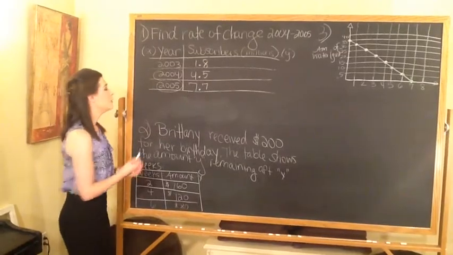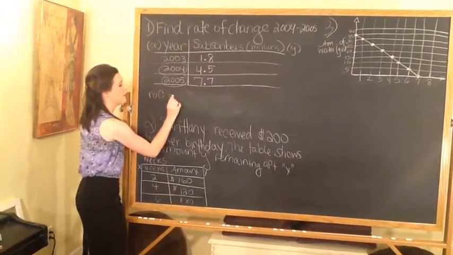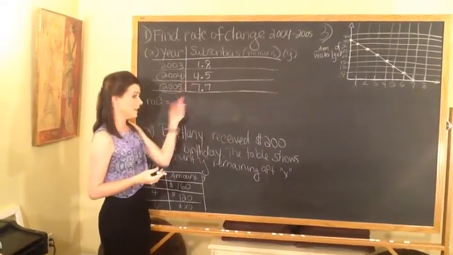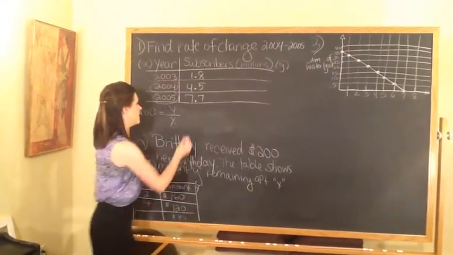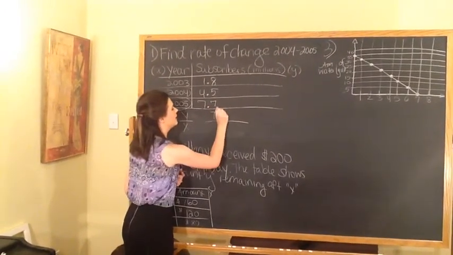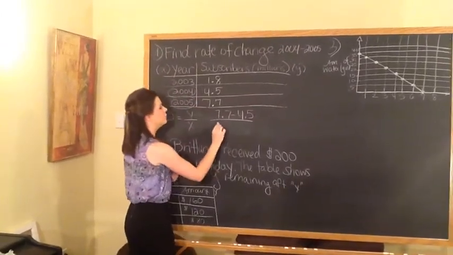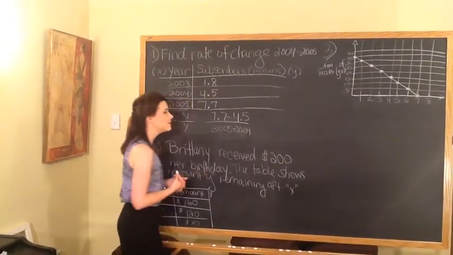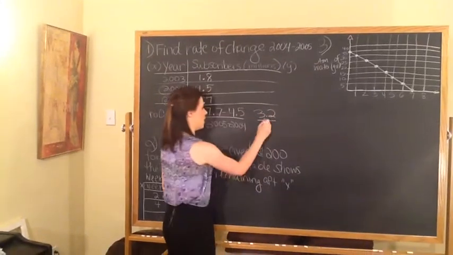The rate of change is the change in y over the change in x, so we find the difference between the two by subtracting them. We look at our y values first: 7.7 minus 4.5 million, over 2005 minus 2004. Once we subtract, we get 3.2 over 1.